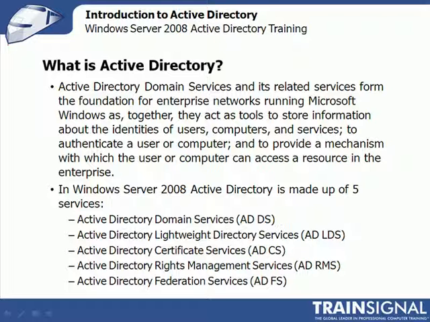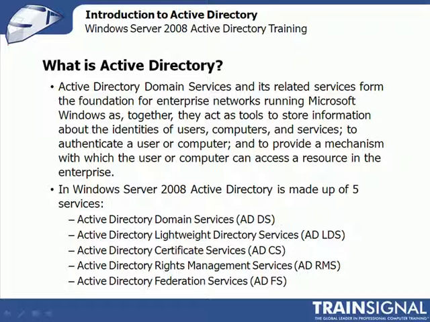Like I said, that's the actual definition straight from Microsoft, but basically Active Directory, or directory services as a whole, is the underlying foundation to how networks work. Technically, a network can work by just having two computers talking to each other and sharing resources.